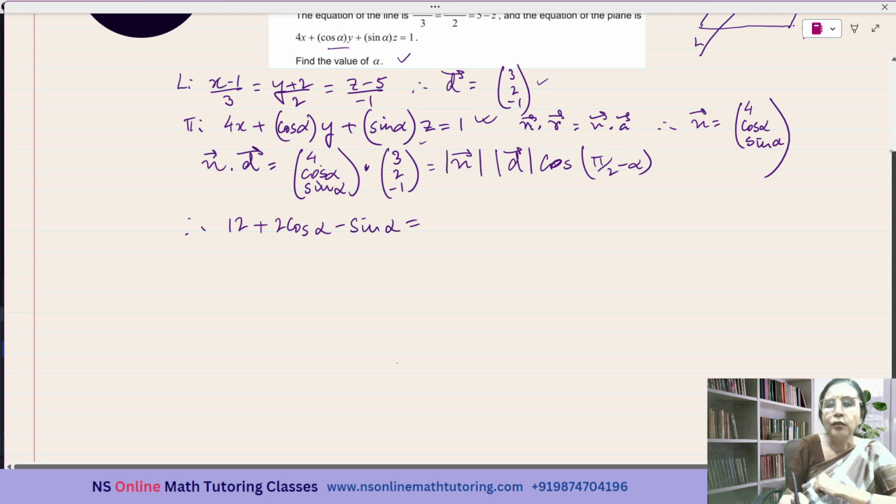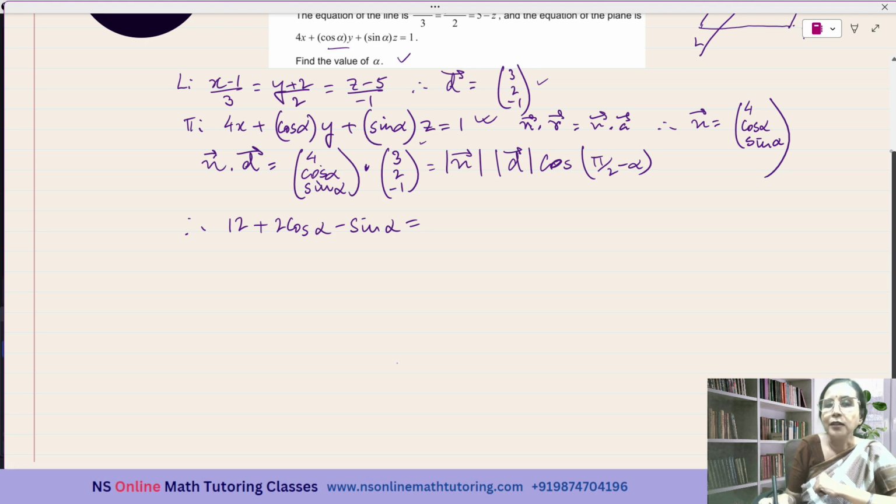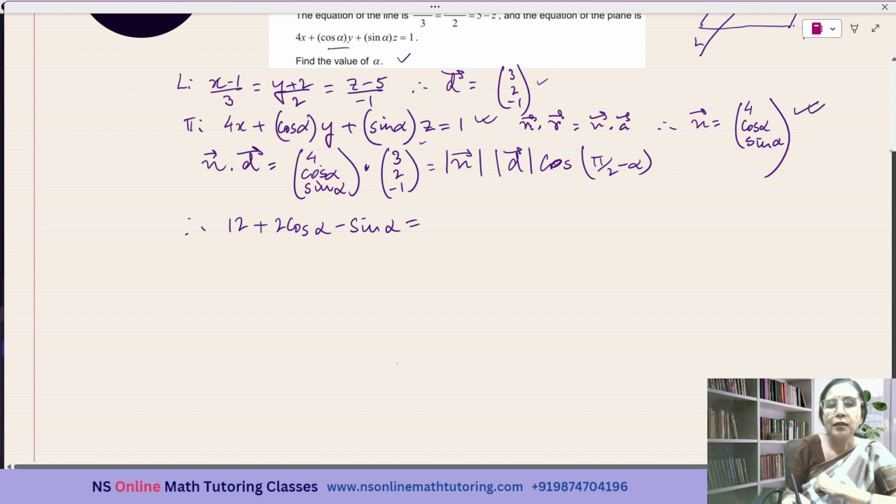This should be equal to the magnitude of the normal vector, which is the square root of 4 squared plus cos squared alpha plus sine squared alpha, times the magnitude of the direction vector, which is the square root of 3 squared plus 2 squared plus negative 1 whole squared.